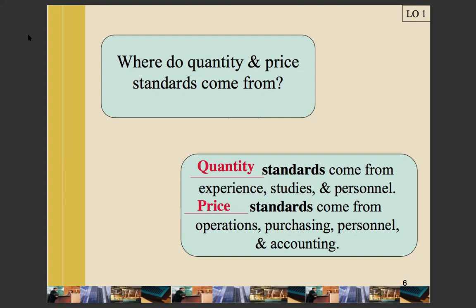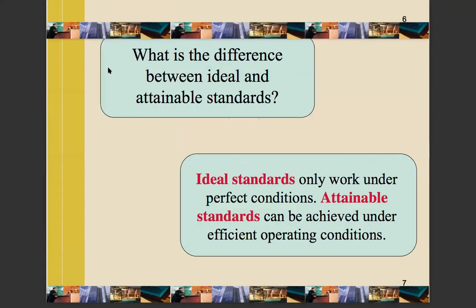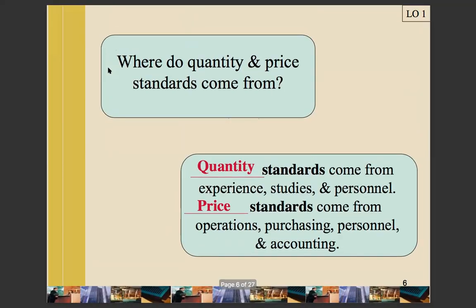So how about the price standard? The price standard is a joint responsibility between operations, purchasing, personnel, and accounting. Operations determines the quality of the input that is required. Purchasing has the responsibility of acquiring the input quality requested at the lowest price.